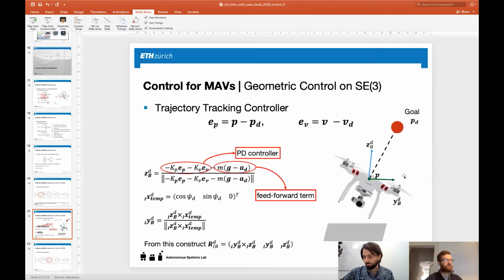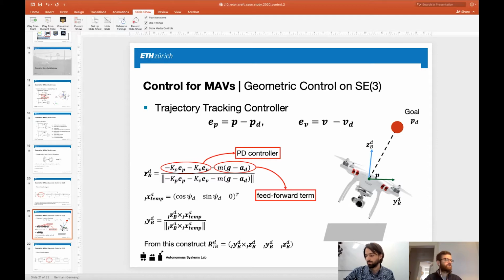And the question is, how do we get from, let's say we are at current position P, we want to get to a position P desired. So how do we get the attitude that brings us there and also the acceleration that brings us there? So what we do is we basically just use a PD controller that's based on the position error and the linear velocity error.